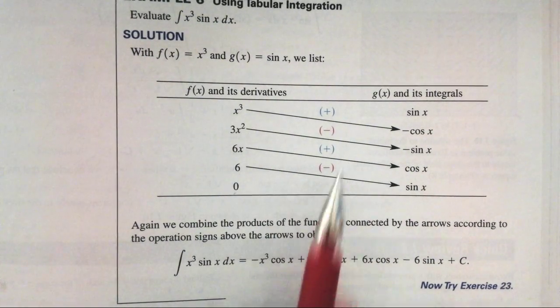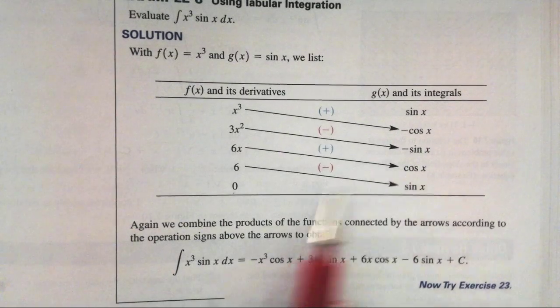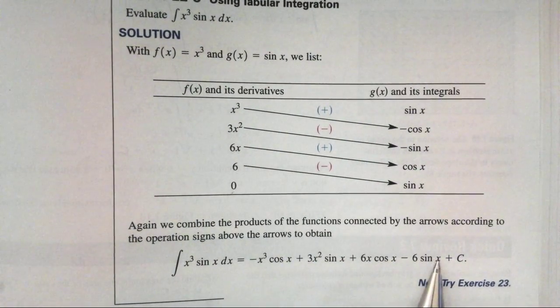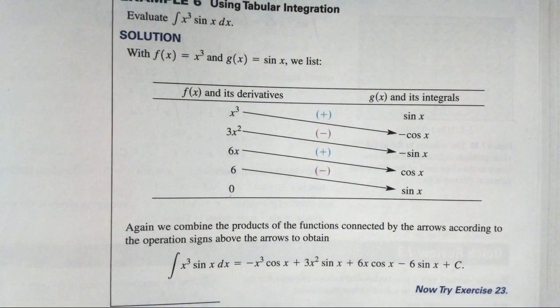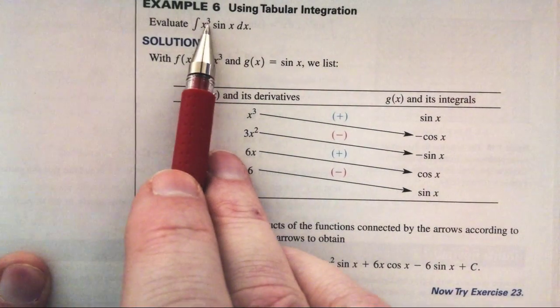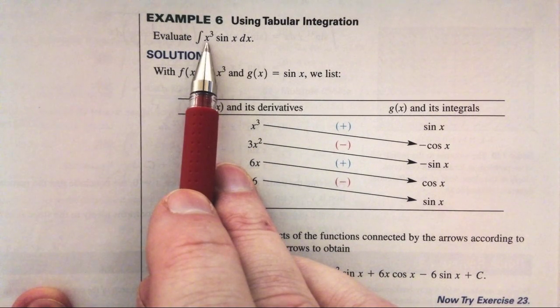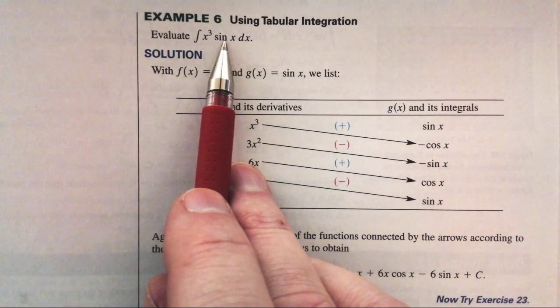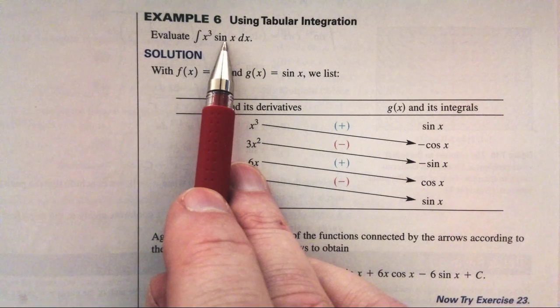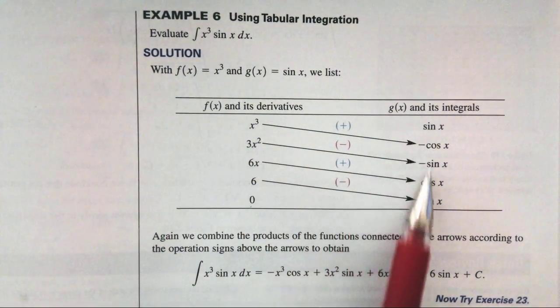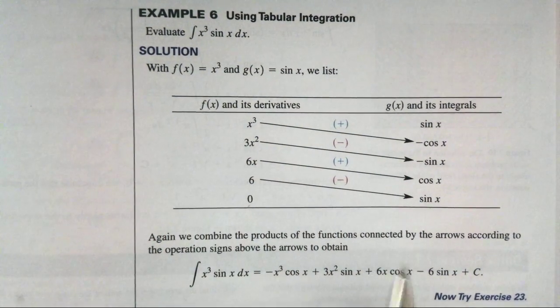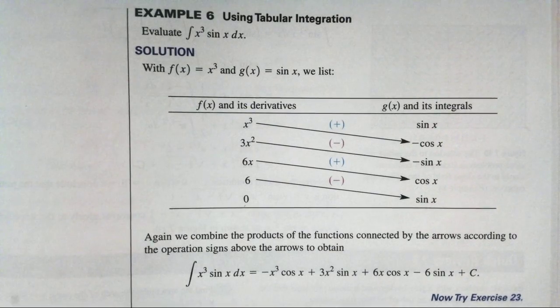The positive version of this, plus 6x cosine, and the negative version of this, minus 6 sine, plus the constant. That is pretty slick, but again, two conditions have to be satisfied. One of our functions has to be able to be differentiated to 0. The other has to be relatively easily integrable repeatedly. And this one most certainly is. The last one, e to the x, is our favorite friend on this.